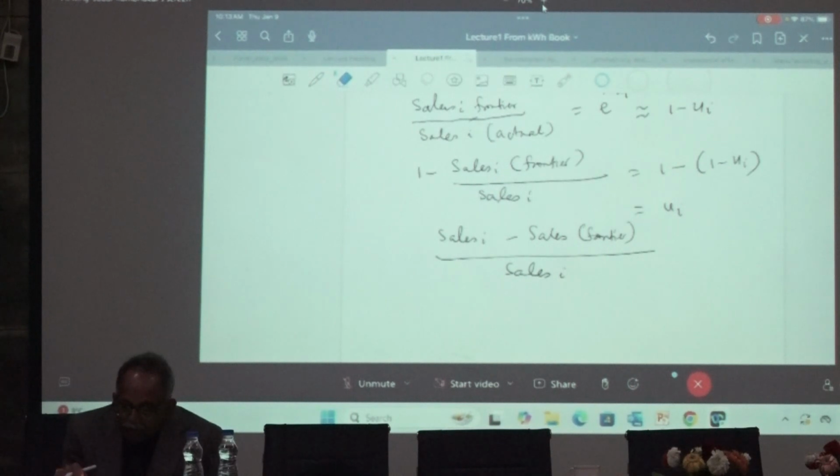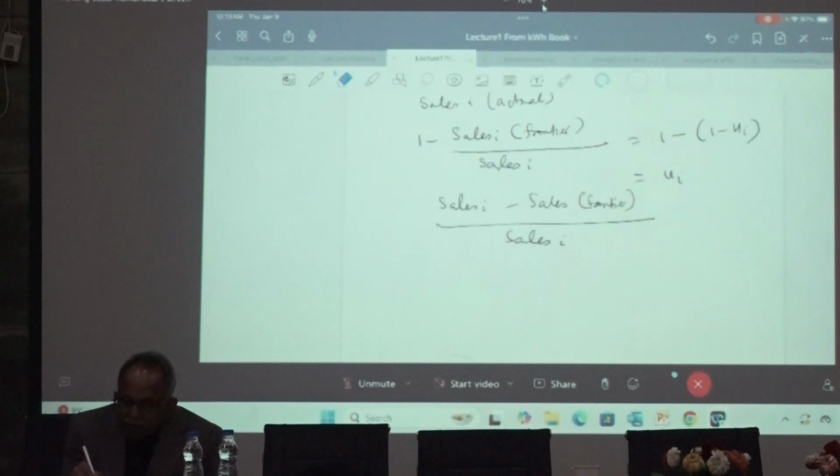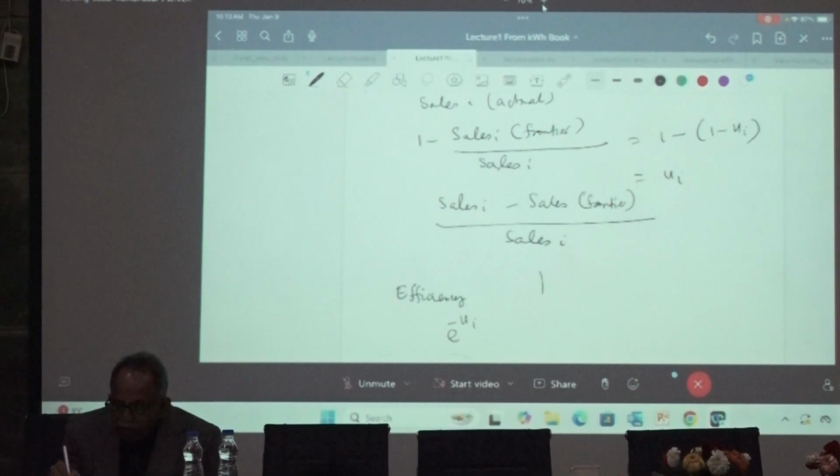So the plot will tell you, let's say your density plot of efficiency. So you have efficiency, that means your estimate of e to the power minus ui, and you are plotting it against this, which is kind of a histogram. You can have a spike like this.